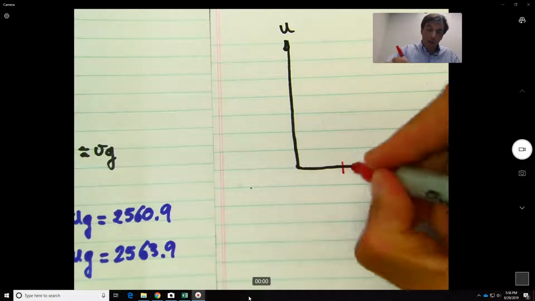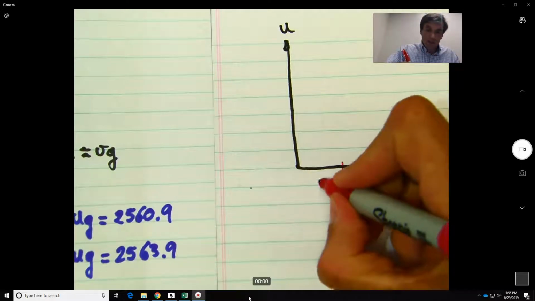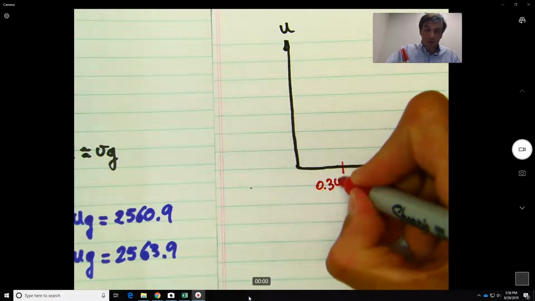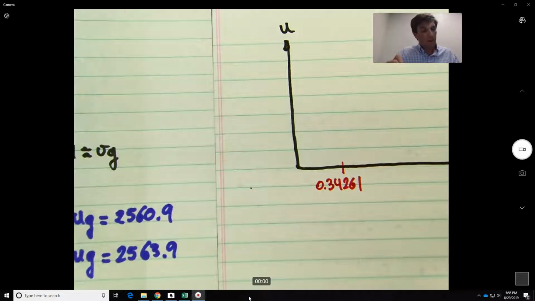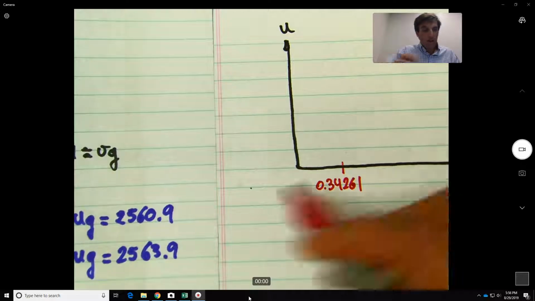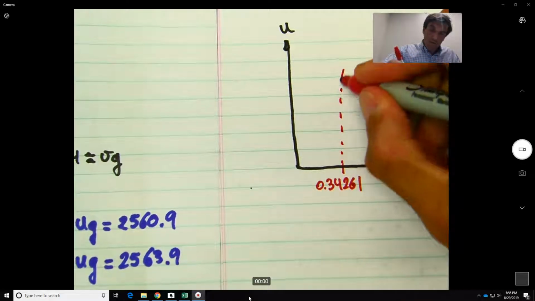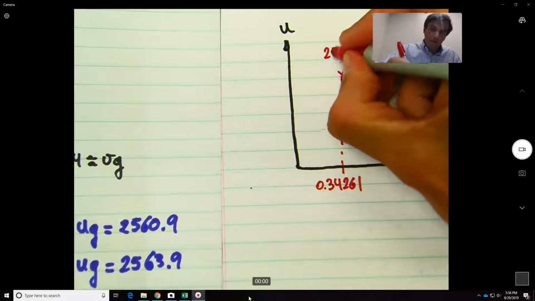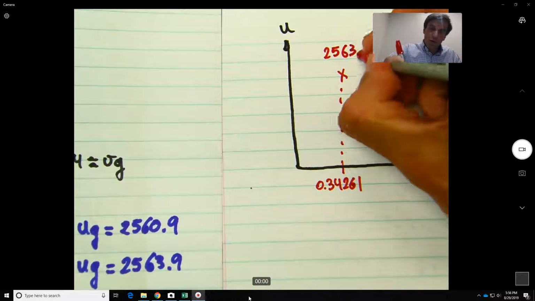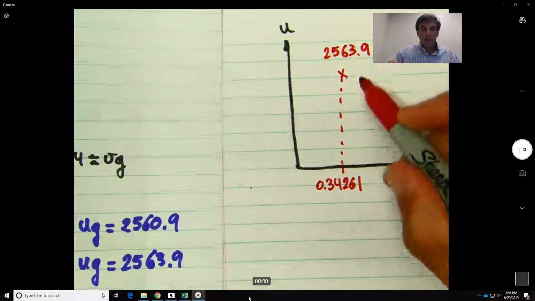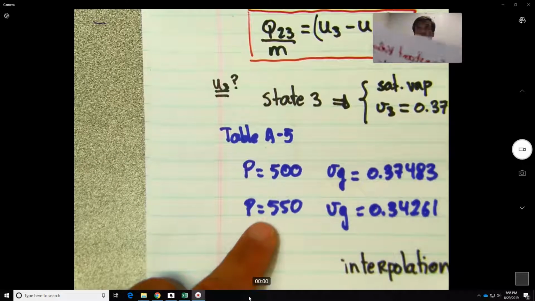So if we put here 0.34261, the U value is 2,563.9. So this corresponds to the pressure at 550.